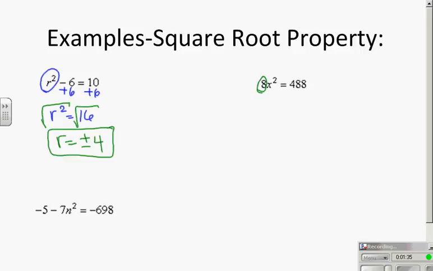Here, what's in the way of x being by itself is 8. So I'm going to divide both sides by 8. So x squared is 61.